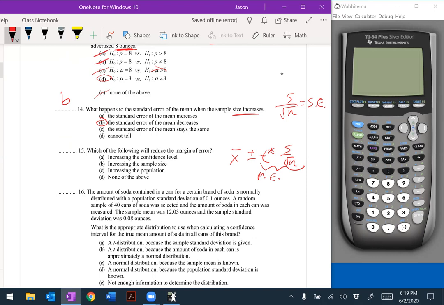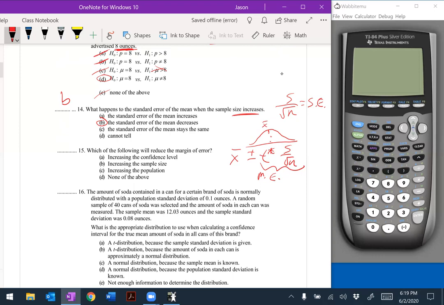Okay, so if we look at a graph real quick, always draw a graph, always draw a picture if you can. Okay, x bar is in the middle here. And so what's going to reduce my margin of error?